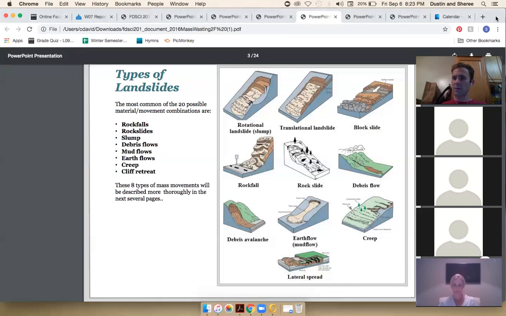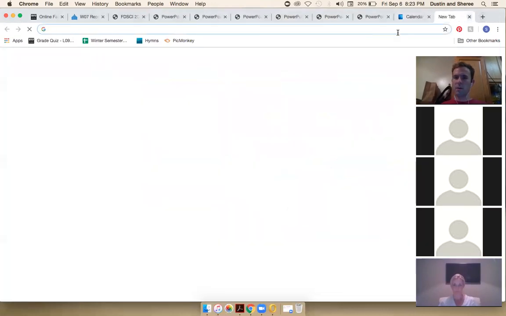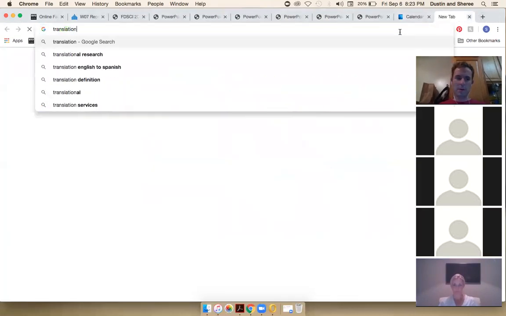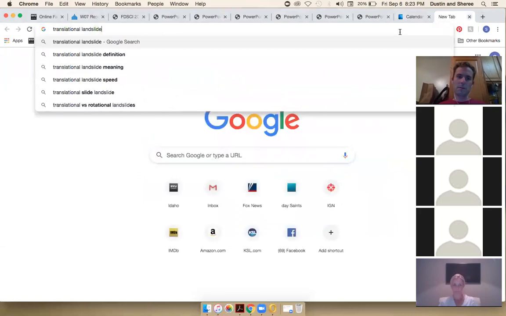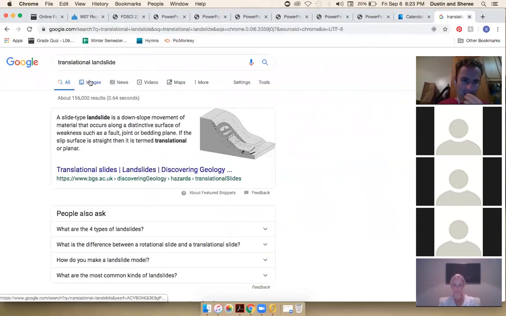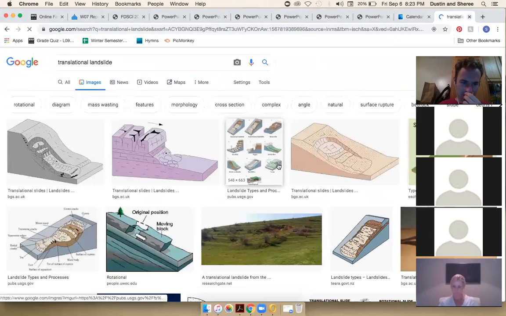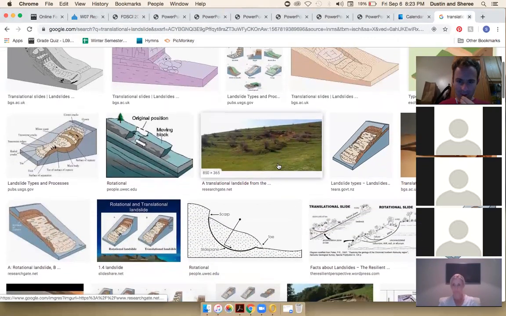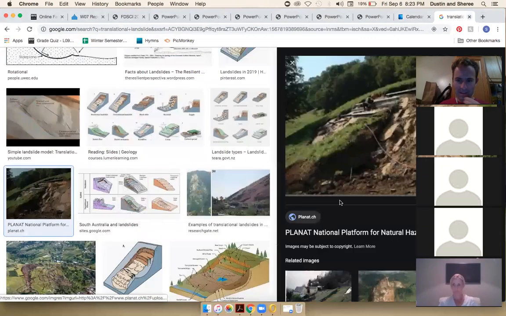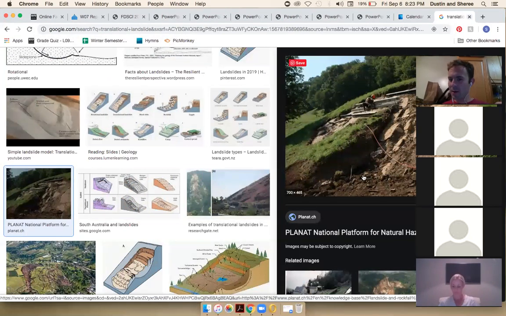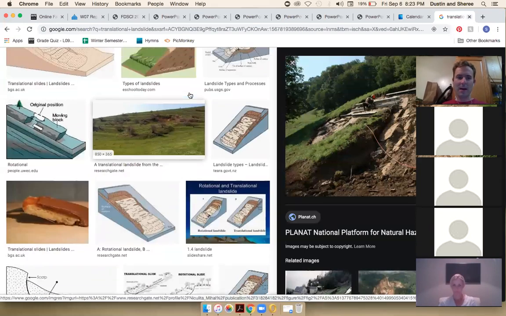I'll show you here. Okay, translational landslide. Okay, see, this is more of a translational. It's just saying it's along a plane, right? It's a bunch of soils and muds and stuff like that.